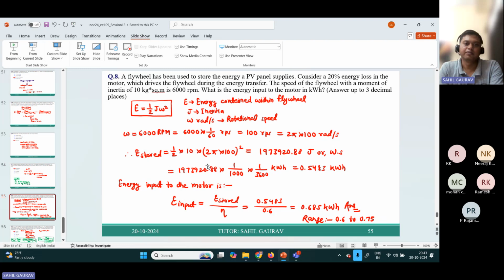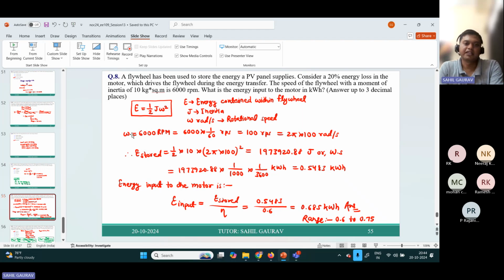For the energy stored, we substitute J as 10 and omega as 2.100. So it will come in joule or watt second. Here you have to convert to kilowatt hour because they are asking in kilowatt hour. So to convert to kilowatt hour, you have to first divide by 1000 to get kilowatt, and to convert second to hour, you have to divide by 3600. So you will get 0.5483 kilowatt hour.